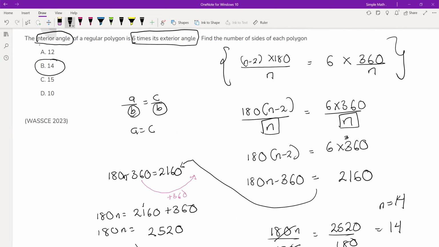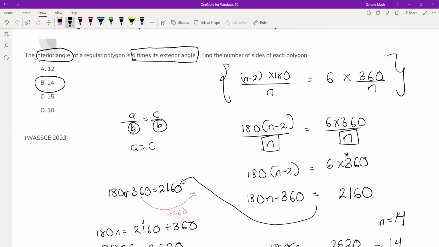Okay, so let's recap. How did we get 14? So we needed the formulas. We know that the sum of interior angles in a polygon will be n minus 2 times 180.